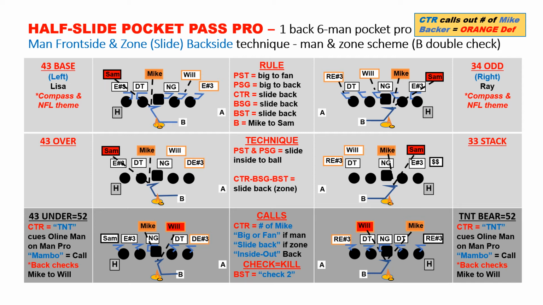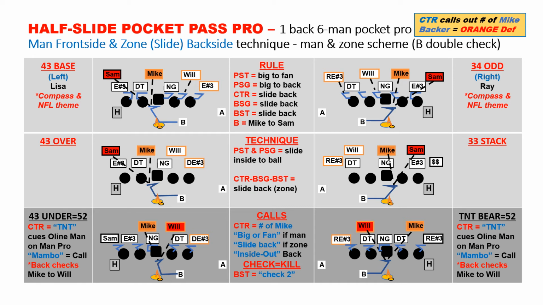If we look down on the bottom, the exception here is when we get these TNT fronts. So again, the center needs to do recognition every play before it's even called. He's going to come up and do even, odd, or then a TNT. If we hear a TNT and we call pass pro, whether it's Lisa or Ray, simply calls Mambo.